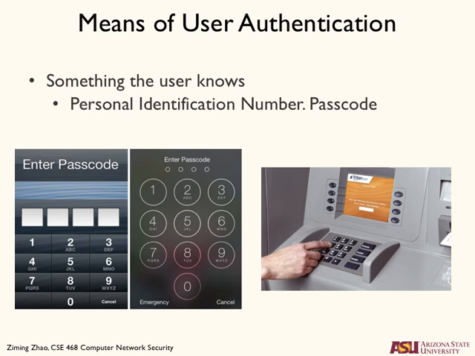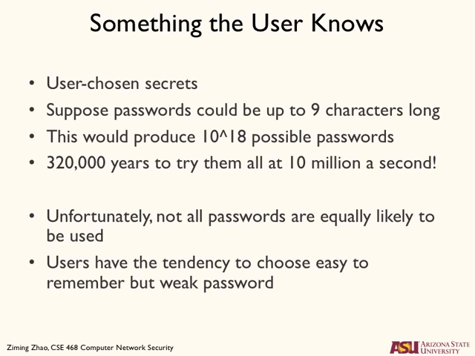Those are usually user-chosen secrets. Technically, the user doesn't have to choose it. The user can use a password manager, and the password manager can choose that secret for you, which would be much longer and much more secure. But usually, users will select those secrets by themselves.